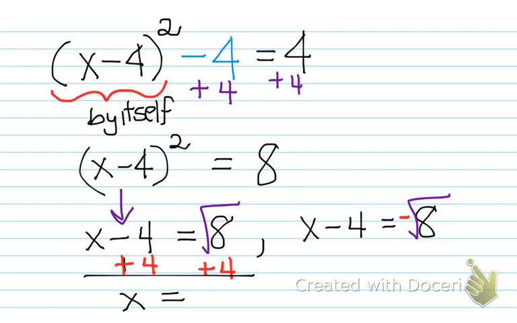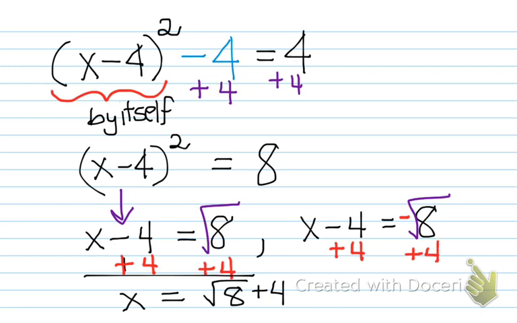They are not like terms, so we have to just write it together. You can't add because one is inside of a square root and the other is outside of a square root. And we do the same on the other side.